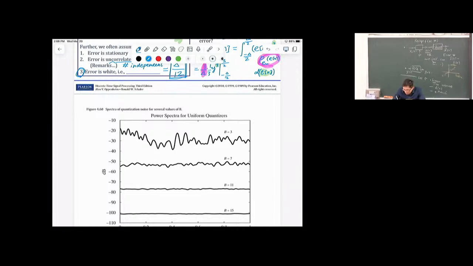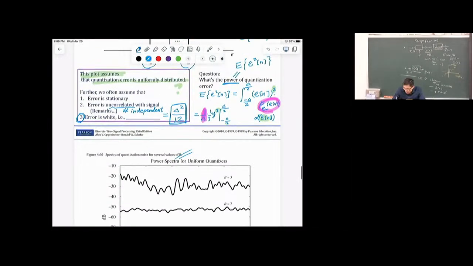We're not going to review this in detail, but let me just tell you the fact that the power spectrum is the Fourier transform of the autocorrelation function.